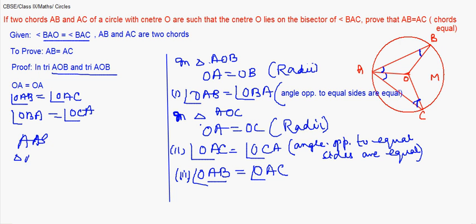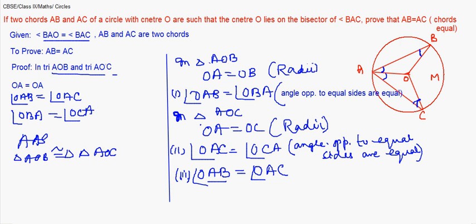We write triangle AOB congruent to triangle. I had written AOB here and AOB here again. It will be AOC then. Sorry, that was my mistake. Triangle AOB is congruent to triangle AOC.